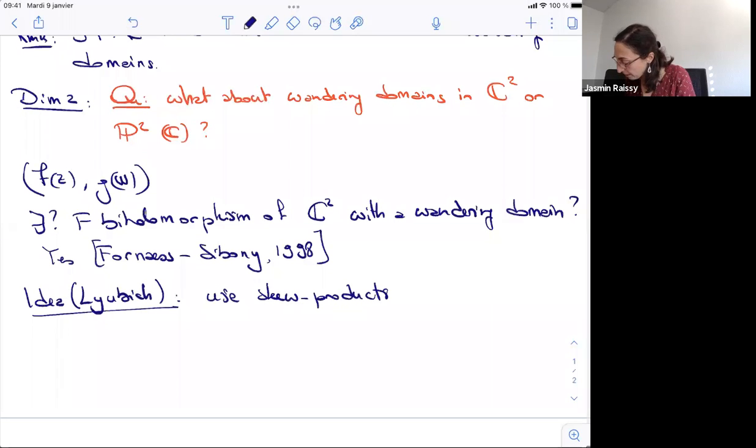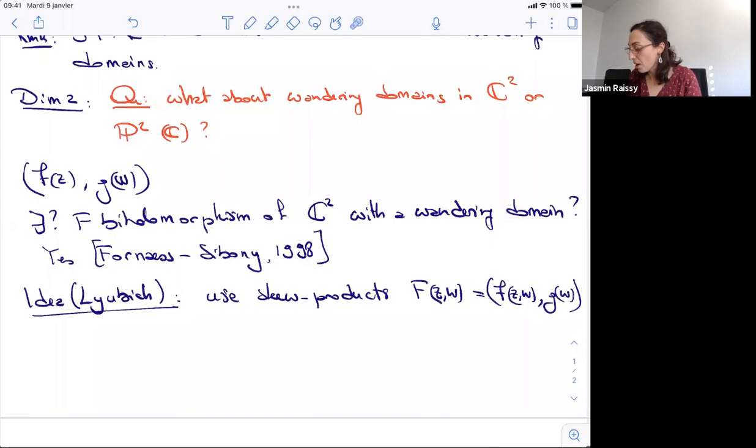So a skew product is a map. We are in dimension 2, of the form f of z, w. So here it's 2-dimensional, no problem. And in the second coordinate, I take a map which is 1-dimensional. And actually I will add that they are polynomial ones.